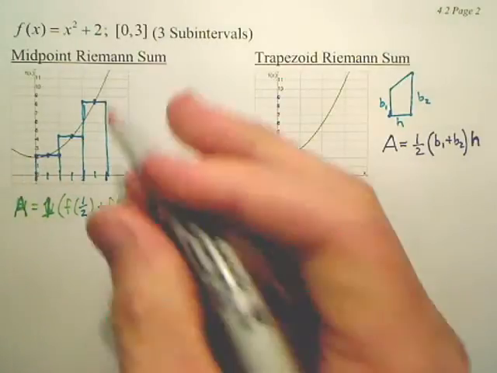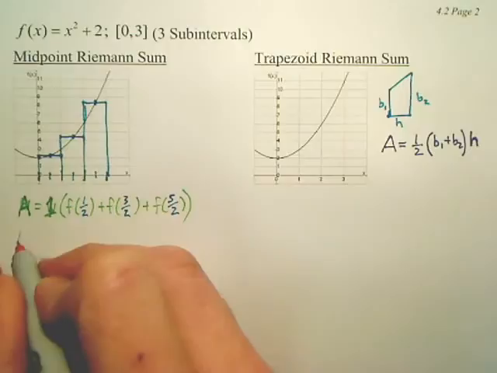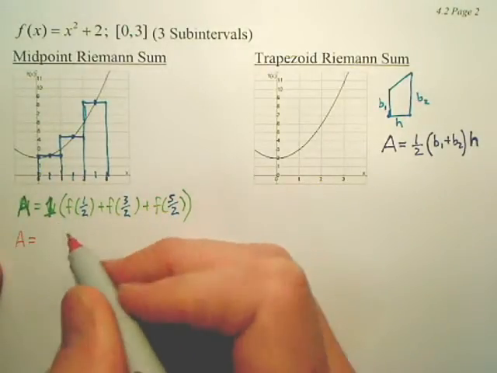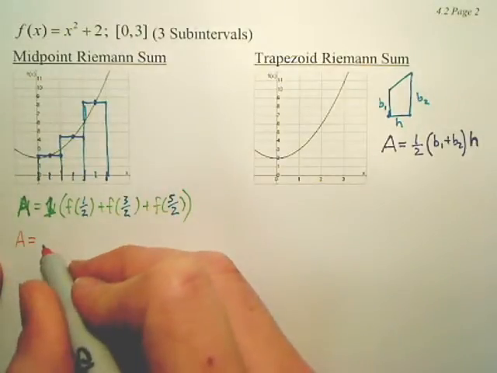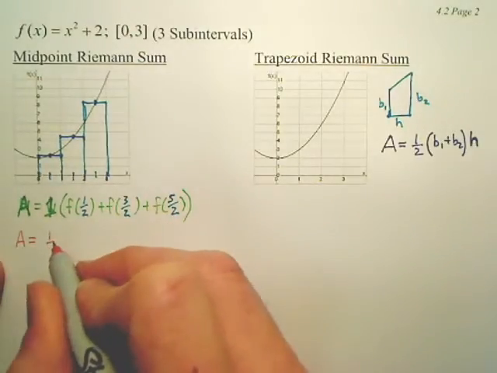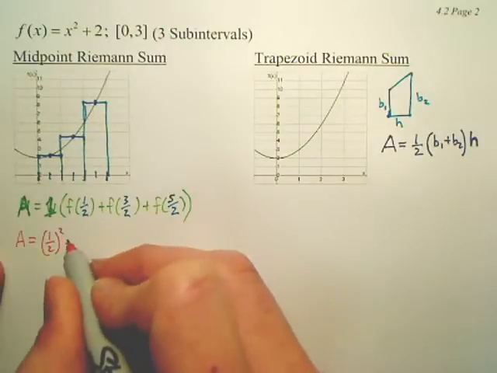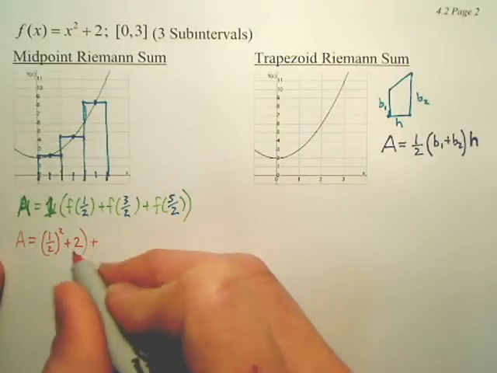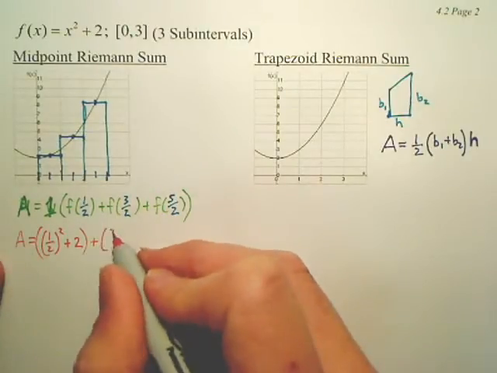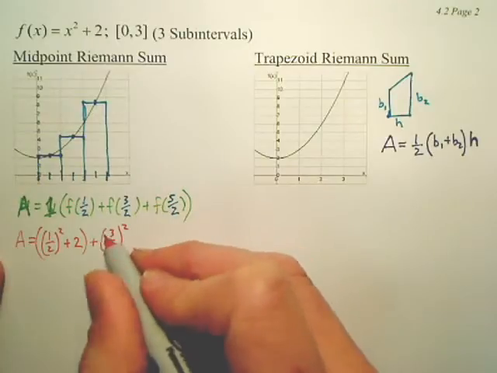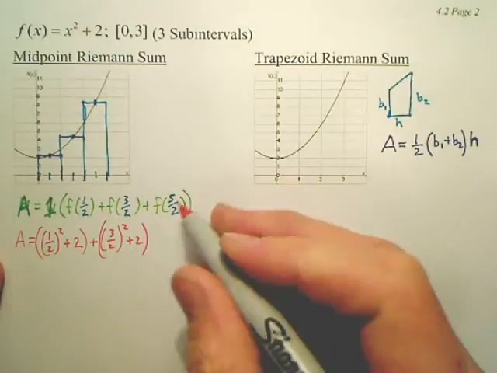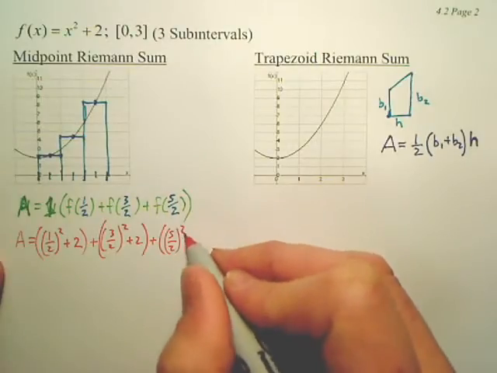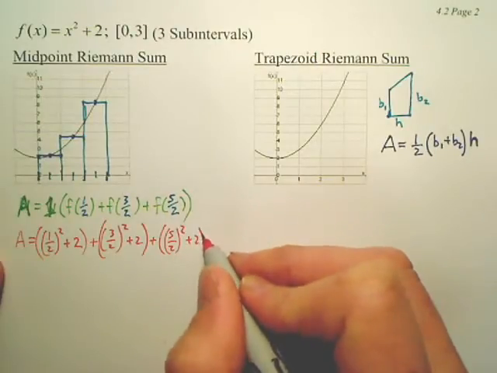So what we have to do is go to the formula now. The area is going to be, can I drop the 1? Since it's 1, it's pretty simple. We're simply going to do f of 1/2 means 1/2 squared plus 2, and then we have plus 3 over 2 squared plus 2, plus 5 over 2 squared plus 2.